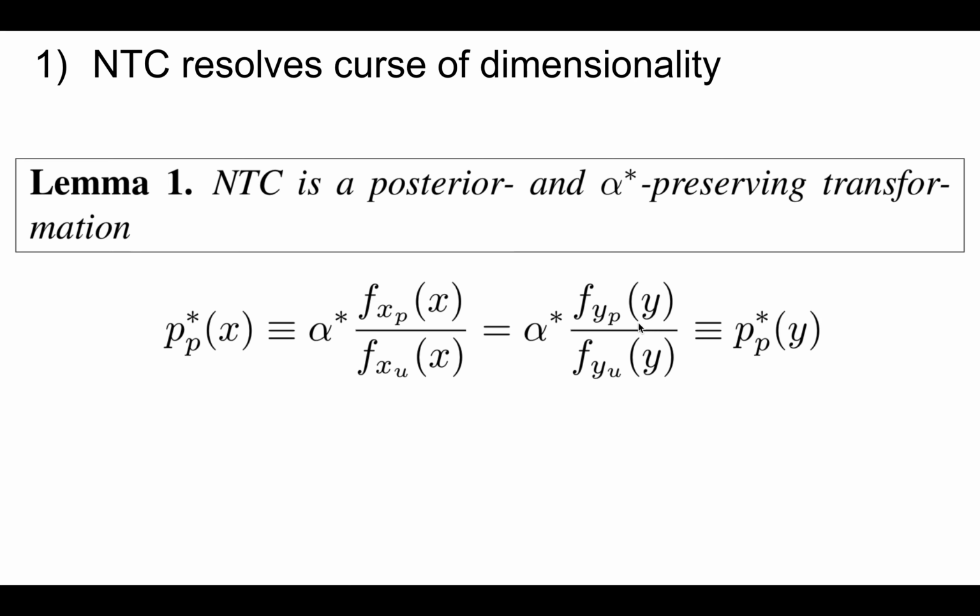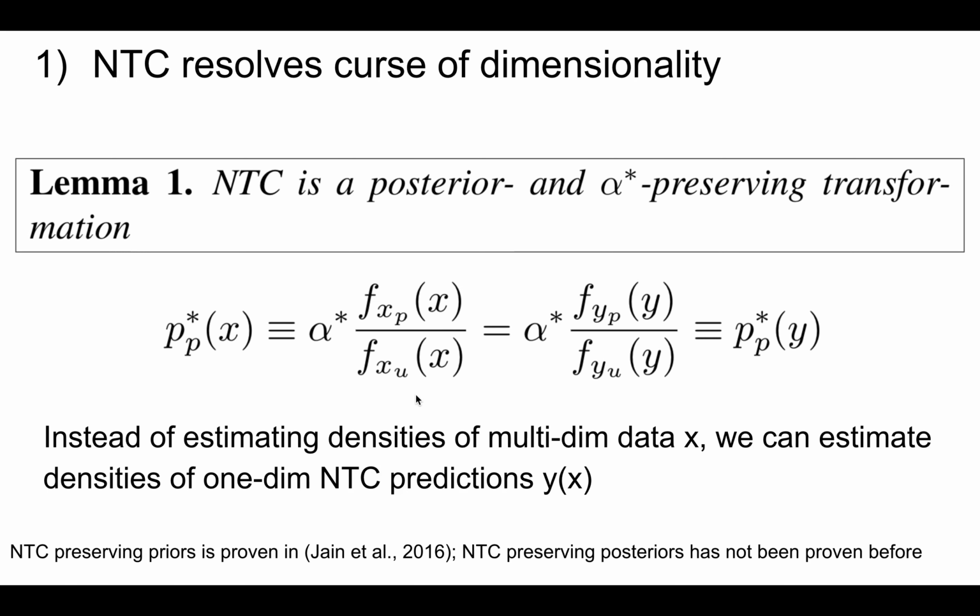And y is one-dimensional, it's just a probability, so estimating these densities is much easier. Not only is it easier, but it's equivalent to estimating the ratio of the initial data. So this is very convenient. And I have to mention that it has been known in the literature that the non-traditional classifier preserves priors, but this formula that it preserves the posteriors has not been known before, and is proven in the paper.